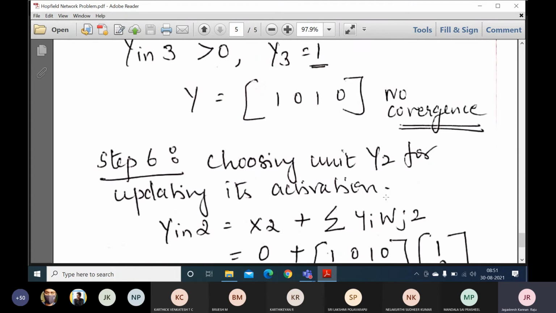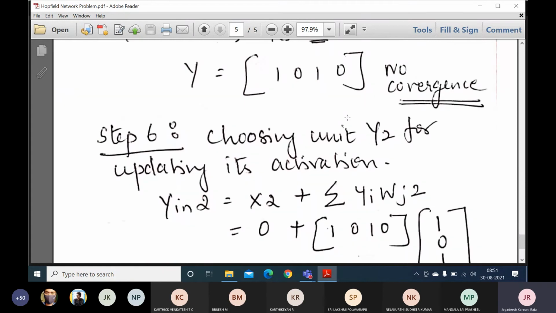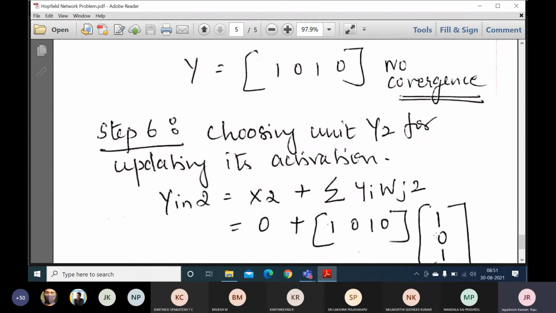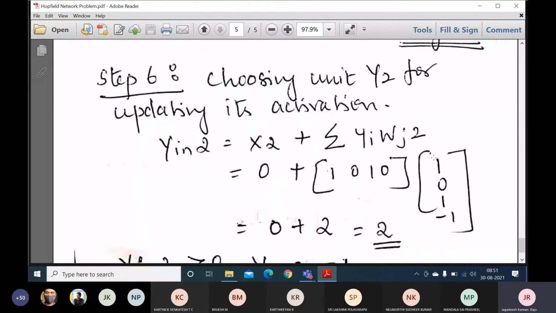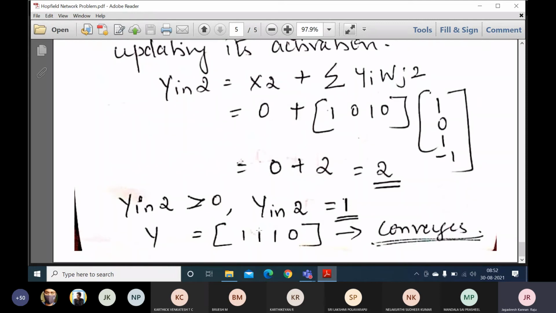Then lastly, I go to the second unit, y2. So x2 plus summation of this. X2 value is 0, and y value is this, and wj2 is 0, 1, 0, 1, minus 1, the second column of the weight matrix. So I get 0 plus 2, which is 2. It is greater than 0, so it is 1.